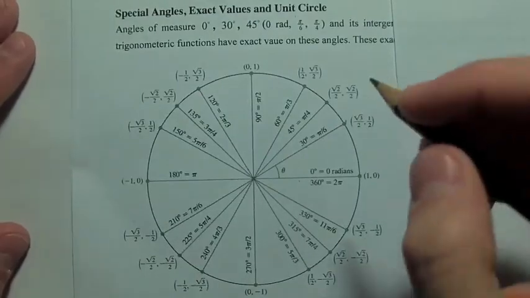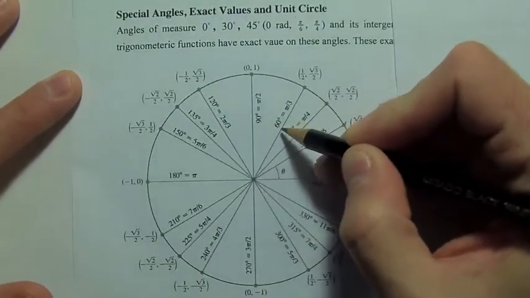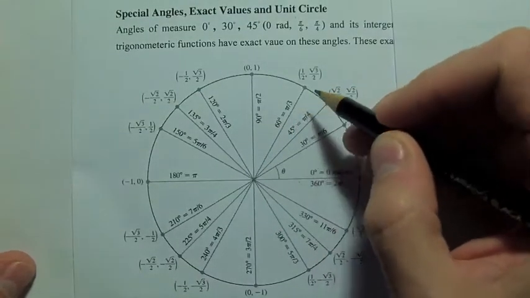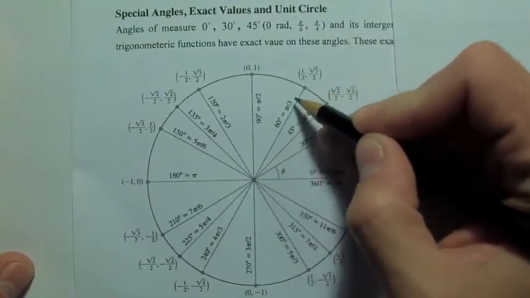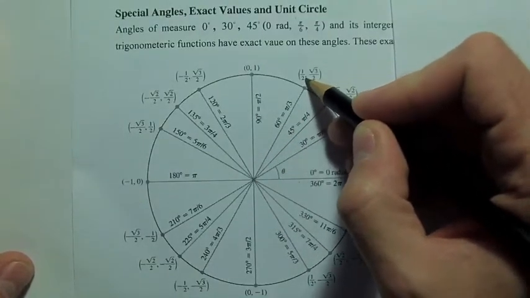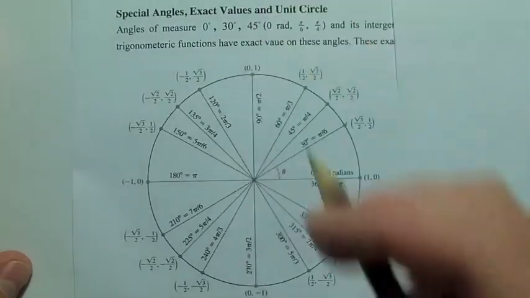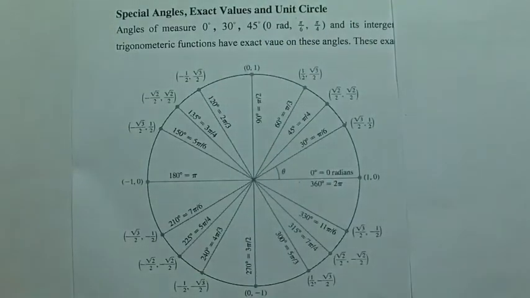That should seem fairly familiar. 60 degrees, that's pi over 3. The terminal side of that angle intersects the unit circle at 1/2, comma, square root of 3 over 2, and so on and so forth.